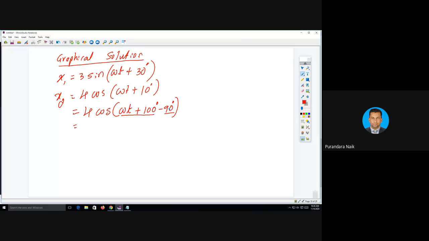It is equal to 4 into sine omega t plus 100. Is it okay?